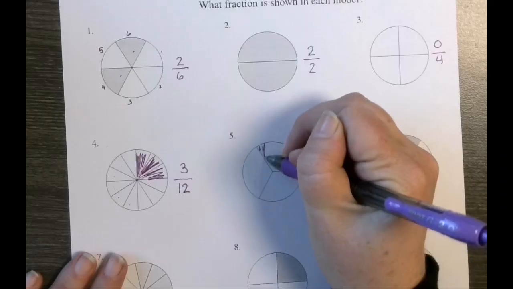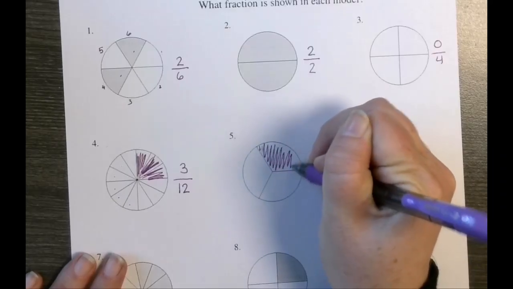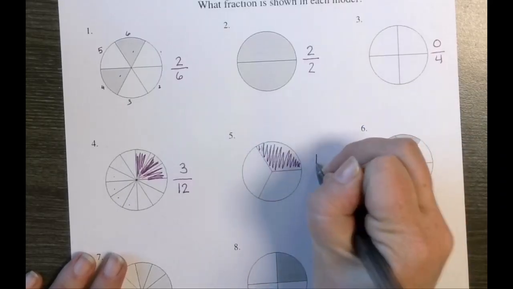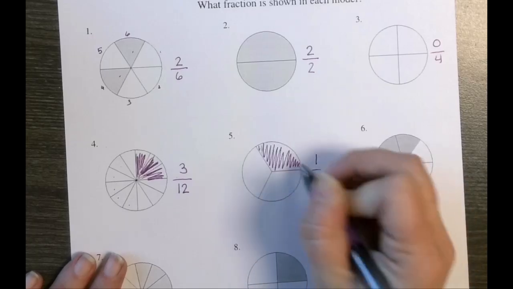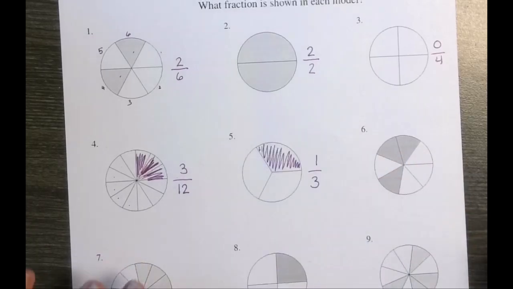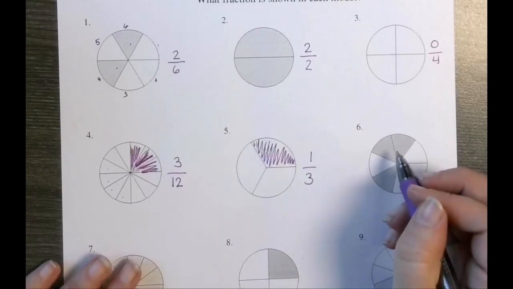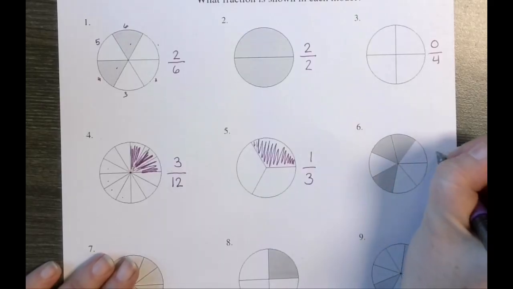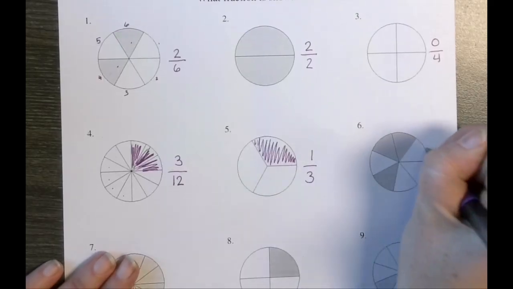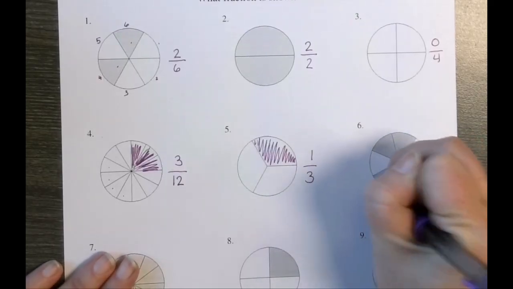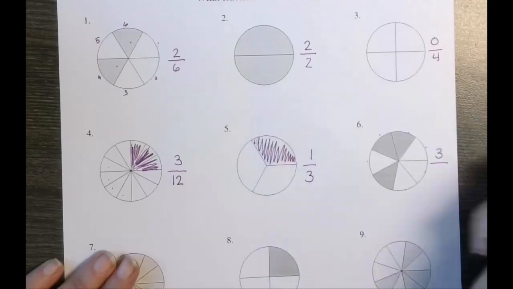This one we're going to shade in 1, 1/3 because 1, 2, 3 pieces. This one we can see 1, 2, 3 are shaded in, but how many do we have total? 1, 2, 3, 4, 5, 6, 7.